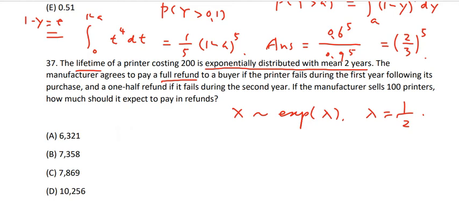So x, the lifetime, can be within 1 year or 2 years like that, and during the second year we pay half. So here we pay 200, and here we pay 100, and then they will pay 0. So this is the payment.